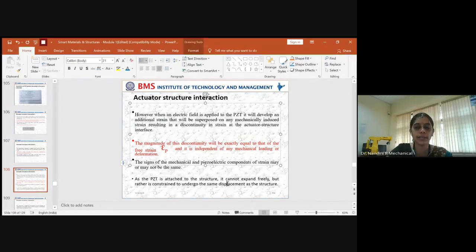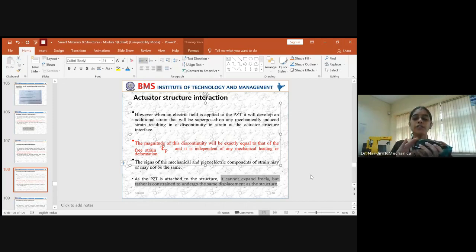And the next concept is, when you have a piezo element attached to the structure, it cannot expand freely, but rather is constrained to undergo some displacement. Suppose this is a structure and this is the PZT or the piezo element on the surface. It cannot be freely placed.